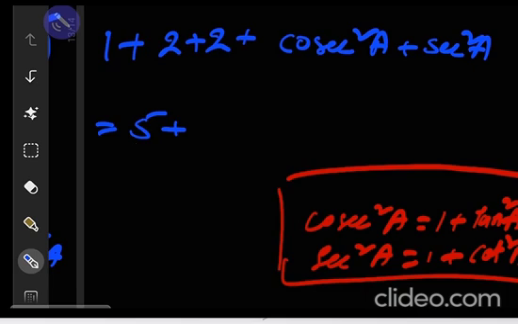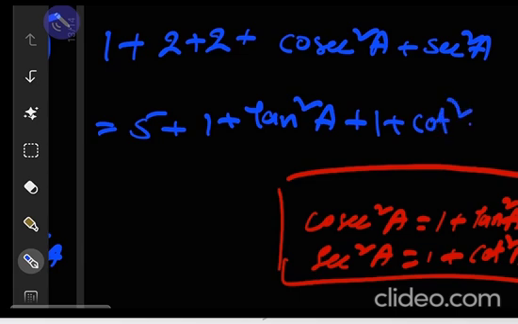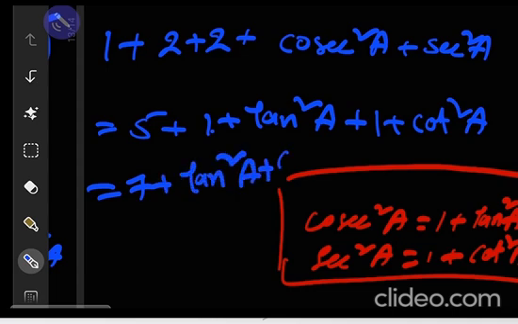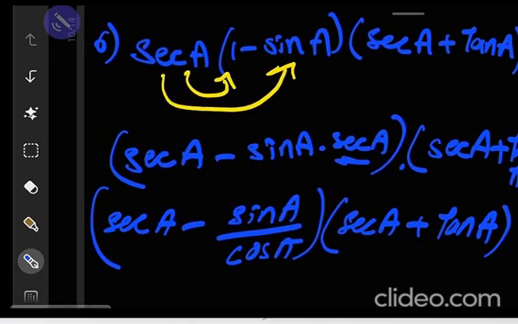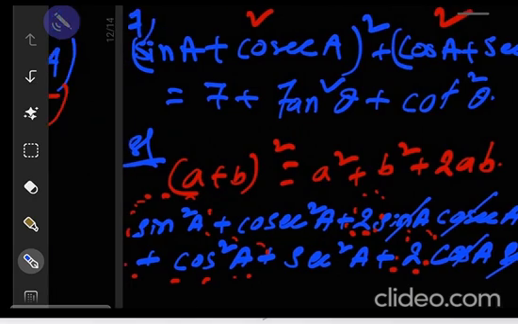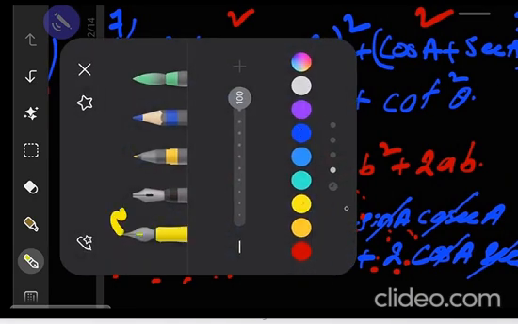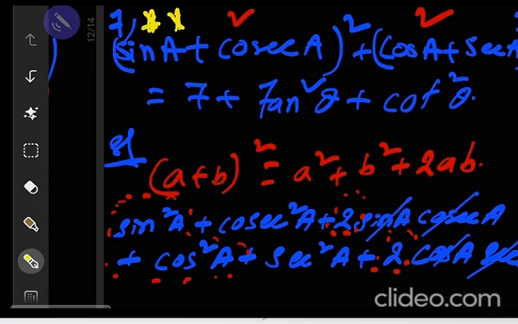So what I will get: 1 plus cot square A plus 1 plus tan square A, which is 5, 6 and 7 plus tan square A plus cot square A, which is nothing but my RHS. This is an important question, definitely it will be asked.